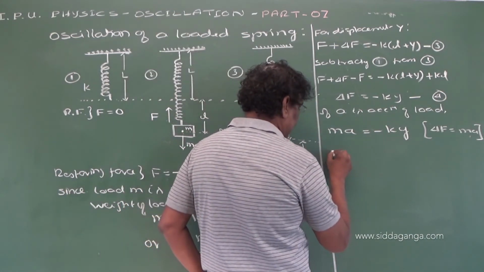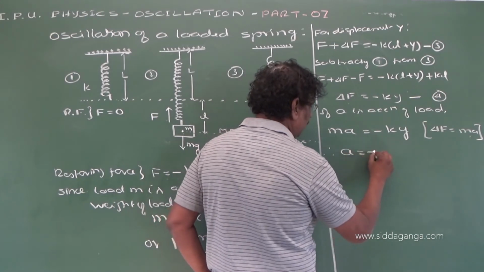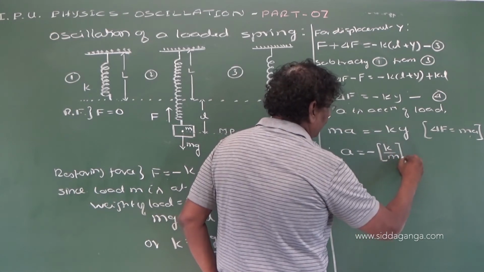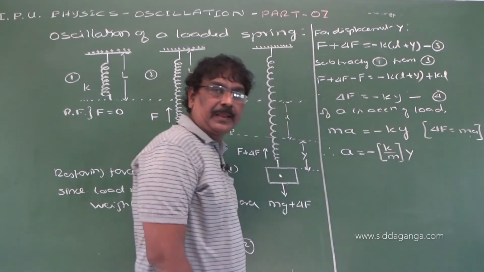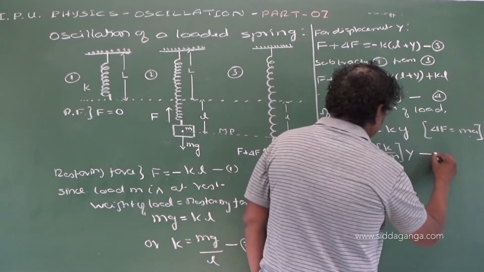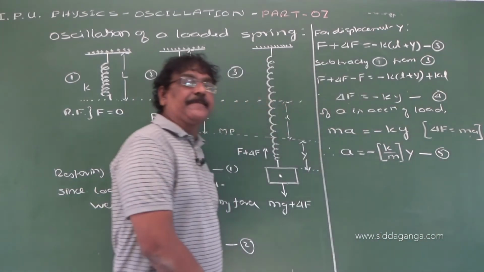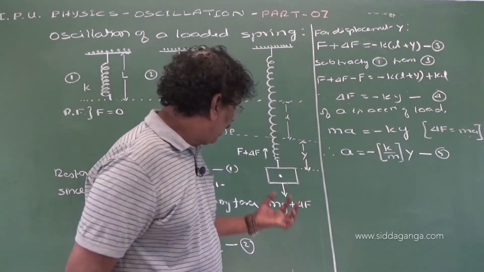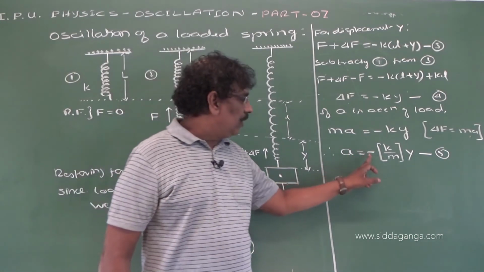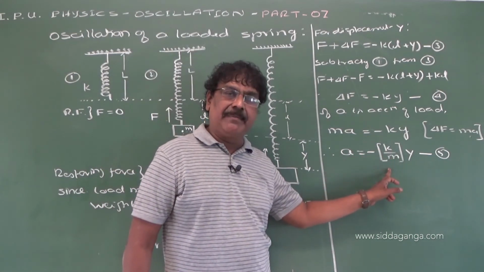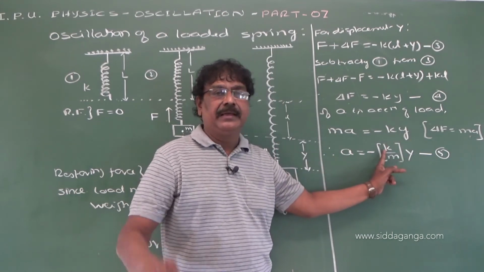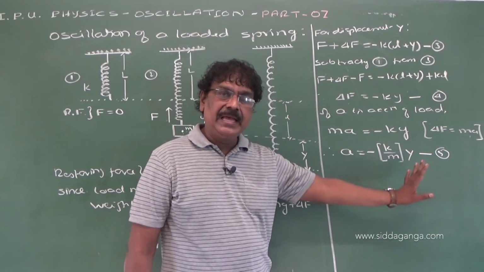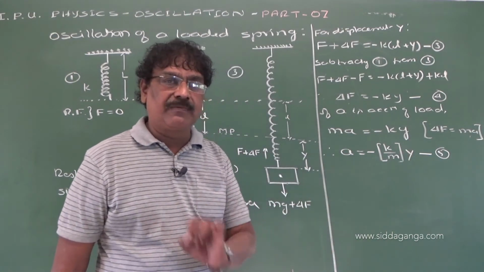Therefore acceleration A is equal to minus K by M into Y. I will take it as equation number 5. So I found the acceleration of the loaded spring is equal to minus K by M into Y, where K is the force constant, M is the mass of the load, and Y is the displacement of the load from its mean position.